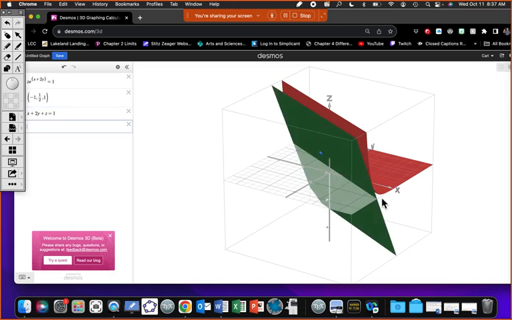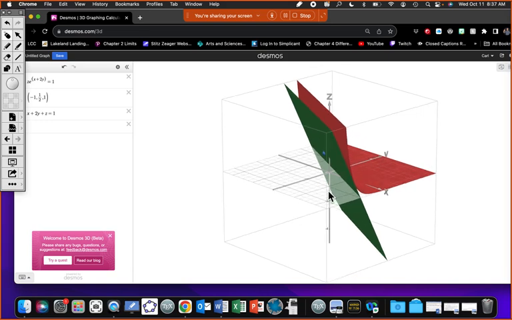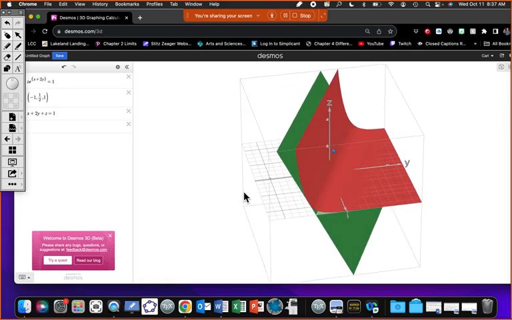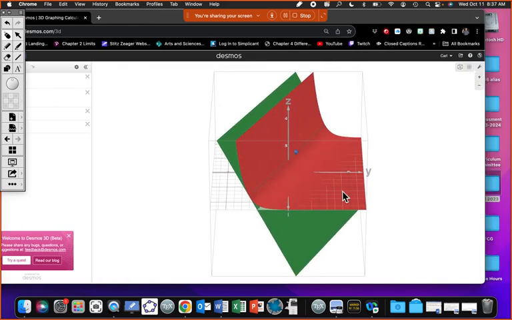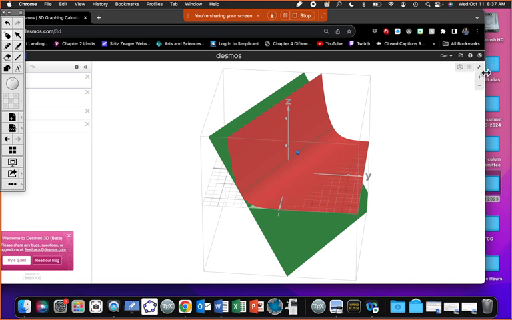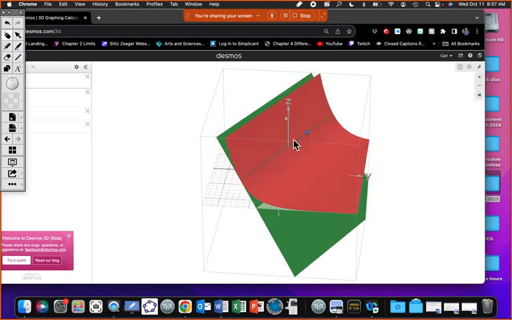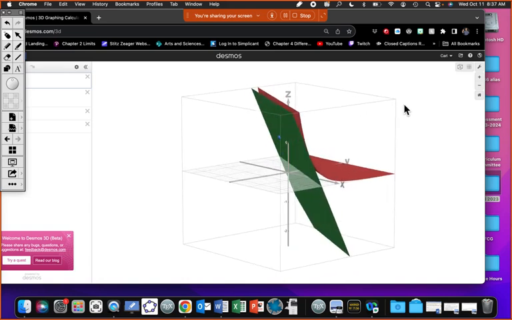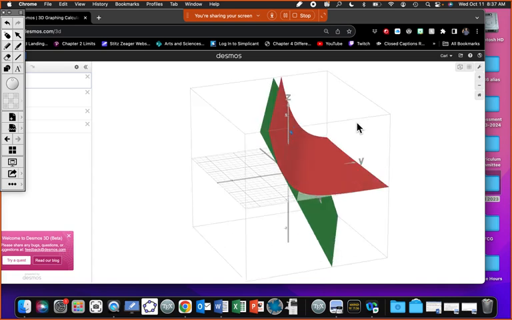So if all you're looking at is the tangent plane and local linearity, this will do the job for you. You can see the local linearity there. You can zoom in. So Desmos renders things a lot more smoothly, I think. Okay, but there it is. There's your local linearity.